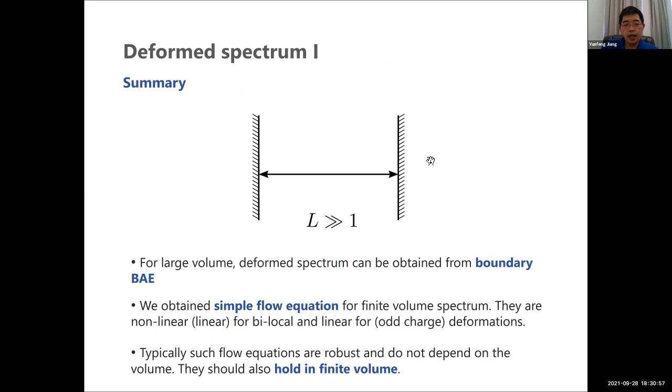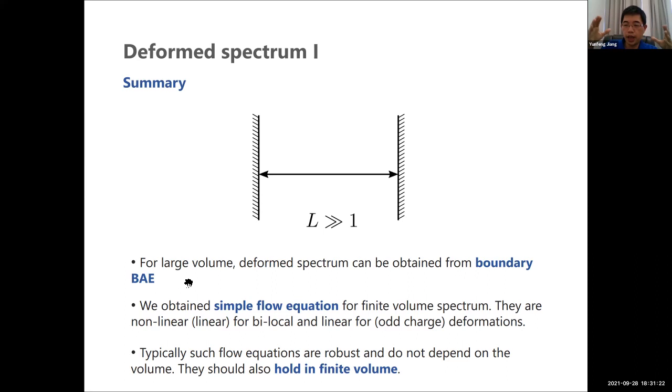So the summary is that we analyzed the spectrum in the large volume limit, by looking at the boundary Bethe-Ansatz equation. Now, from our experience with the periodic boundary condition, we know that these flow equations for the spectrum are actually quite robust. They don't care about which volume you are working in, right?